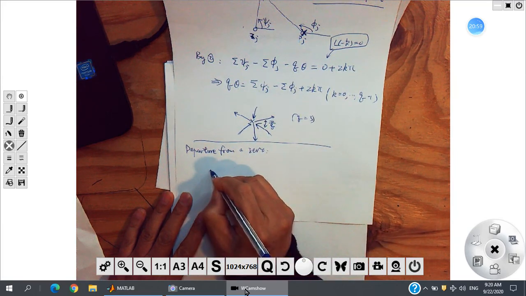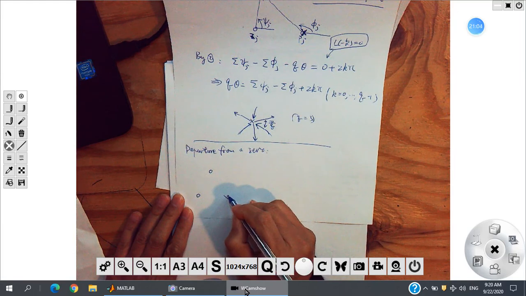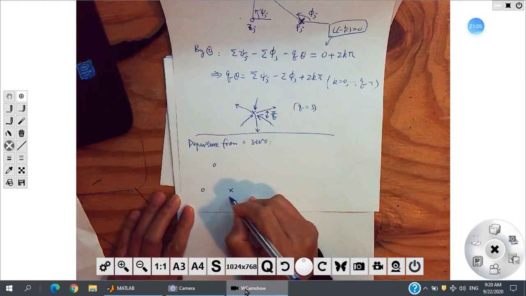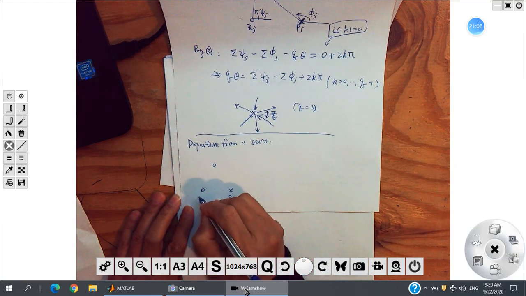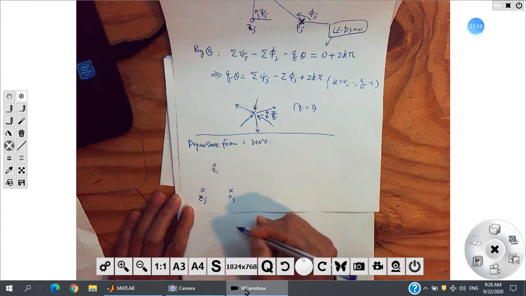Similar, because this is 0, we have all the other zeros and all the poles. These are Pj, these are Zj, and this is the Zi we are calculating.